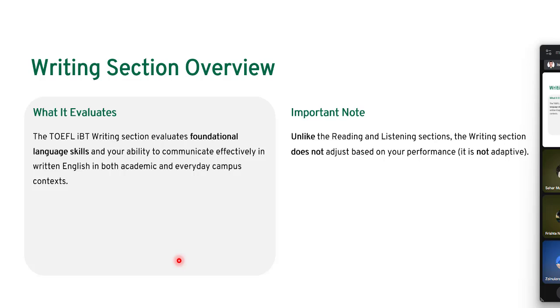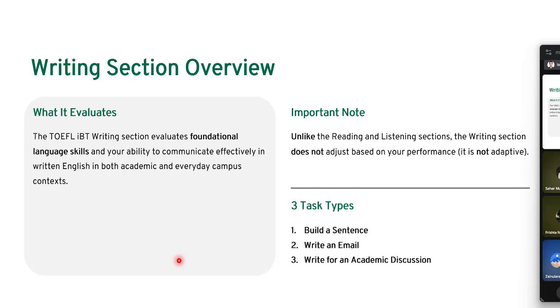The three tasks on the writing section, as I already stated, are build a sentence task, write an email, and finally write for an academic discussion task. These are the three task types we may face on the writing section.